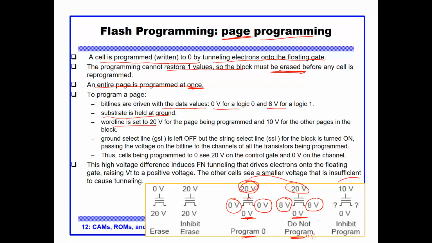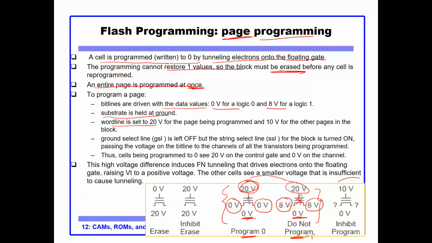But in this case, because you have 8 volts on the source and drain, you don't have this tunneling happening. So there is no change of the threshold. This gate stays at a negative threshold and is therefore not programmed, and this gate we raise its threshold to a positive threshold, thereby storing a 0.